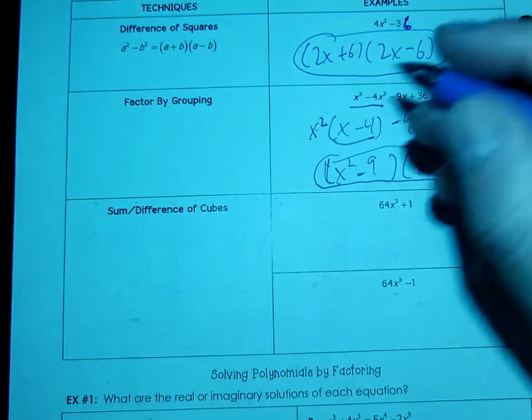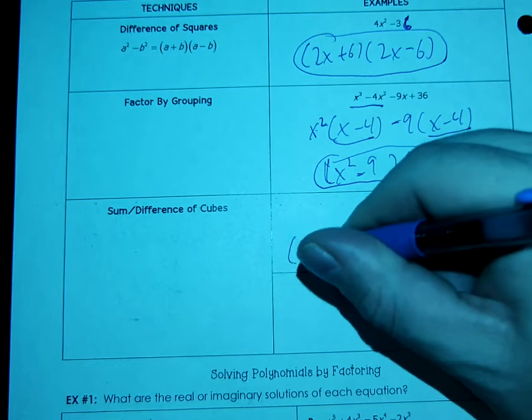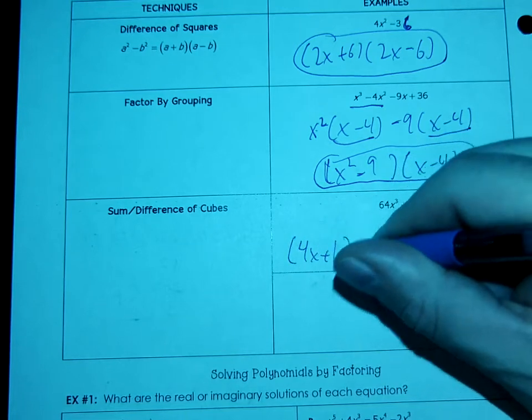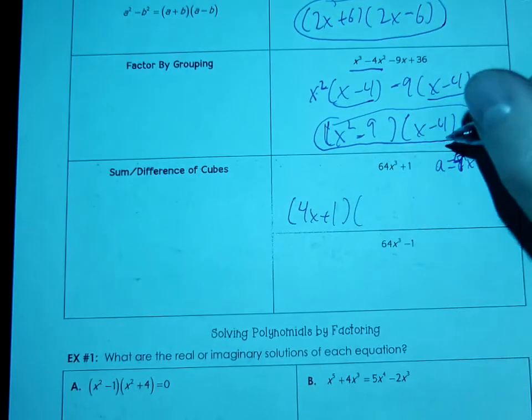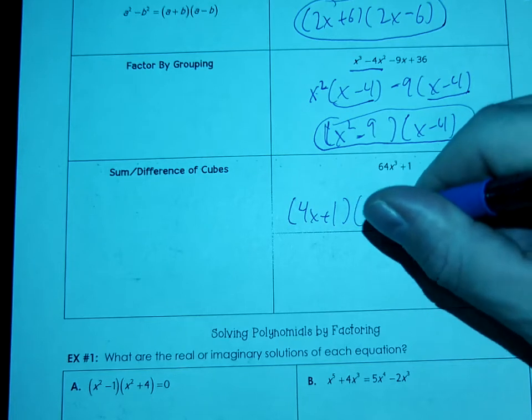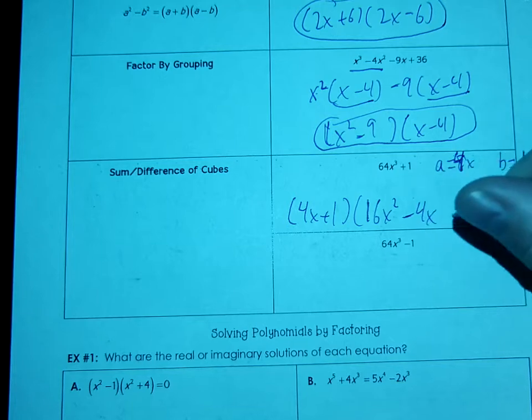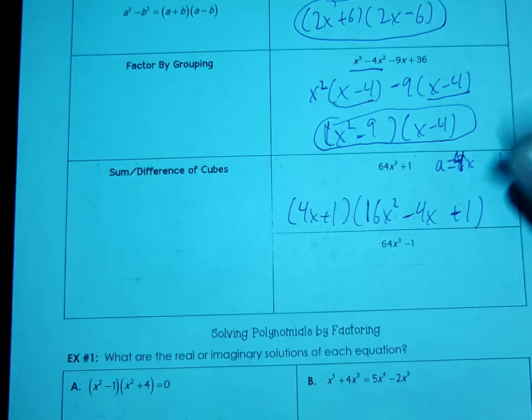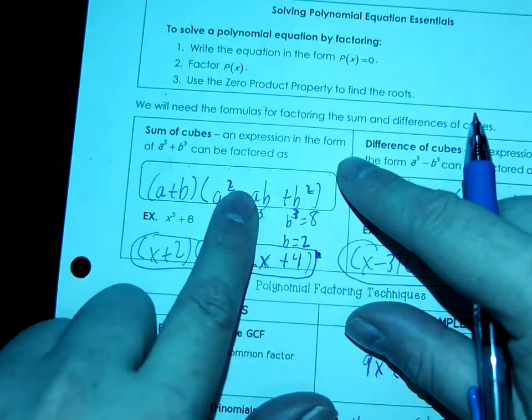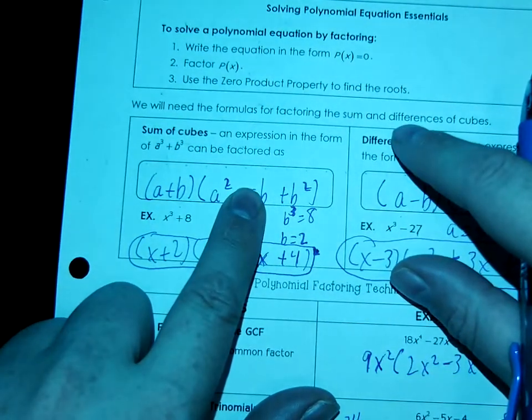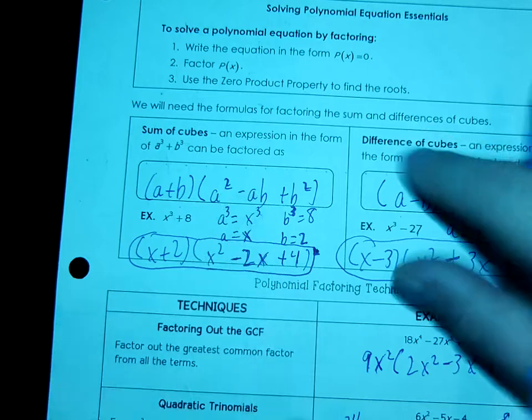A plus b, 4x plus 1, times the quantity a squared, which would be 16x squared, minus 4x plus 1. Again, it's kind of counterintuitive that there's a minus sign there, but there is a minus sign there in the a cubed plus b cubed formula.